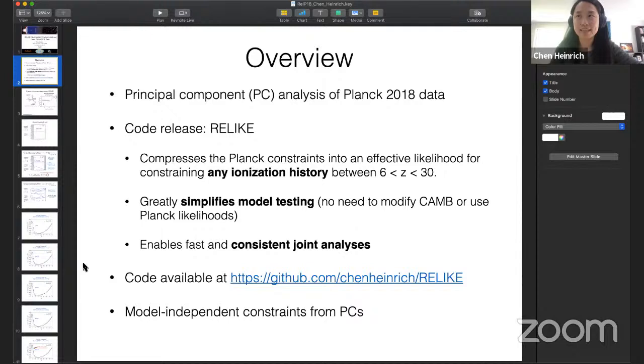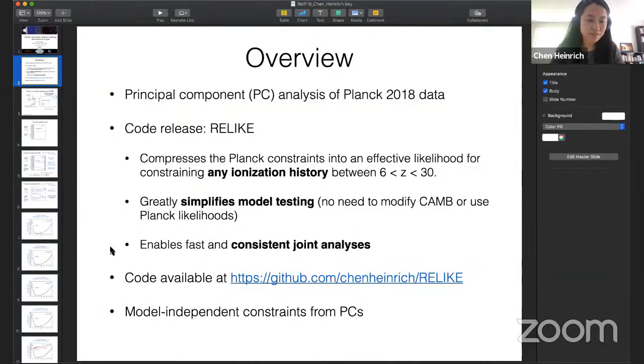Typically people have been taking a tau prior when they do joint constraints, or looking at some more generic classes of models, for doing the joint analysis with say KSZ or 21 centimeter or other kinds of reionization data. But here, because of this code, you can now do a more consistent analysis, forward modeling everything at the ionization history level consistently.